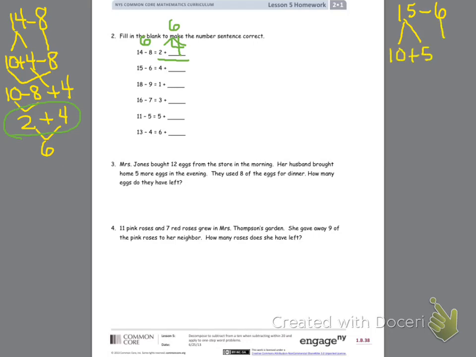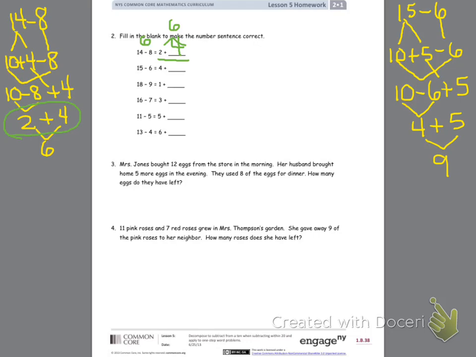And then I remember I have to bring down that minus 6. Again, I'm not going to circle 5 minus 6, but I can do 10 minus 6 and then bring down my plus 5. I know that 10 minus 6 is 4, and I'm going to bring down my plus 5. And 4 plus 5 is 9.